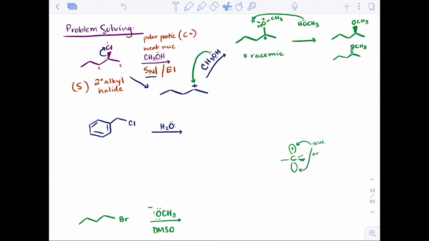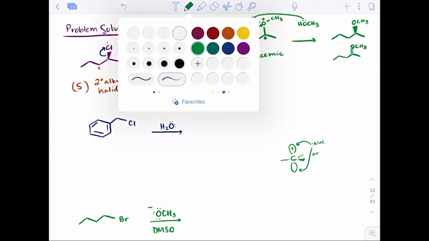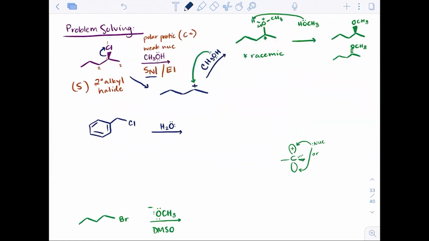It's not going to select one stereoisomer over the other. It will make both. That's why I call it the Oprah reaction. You get to attack from the top, you can attack from the bottom, you get to decide where you go. Everybody wins on that one, okay?